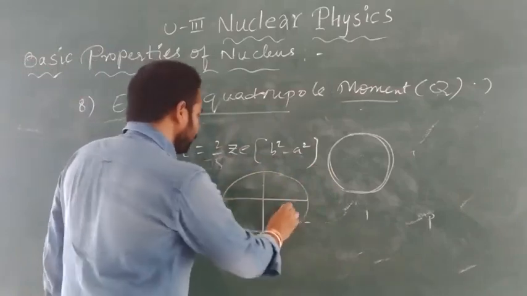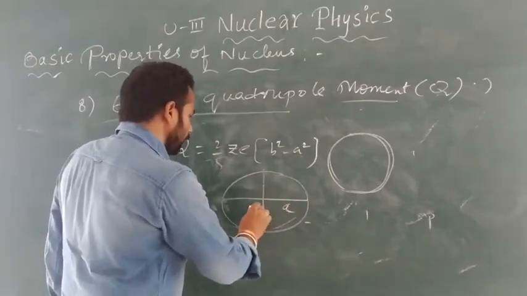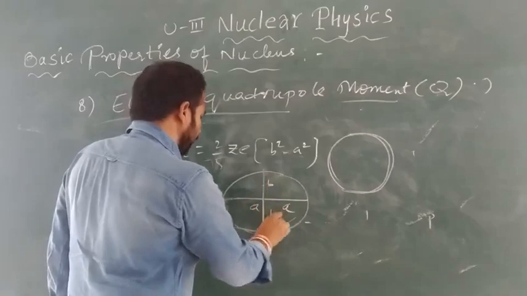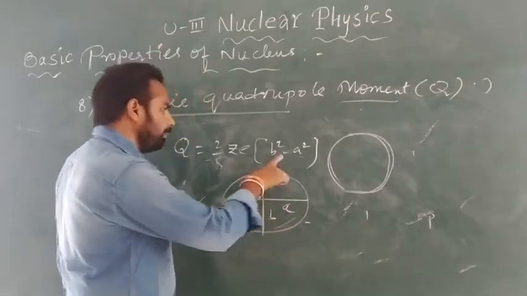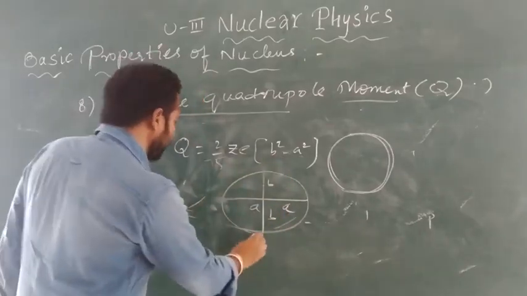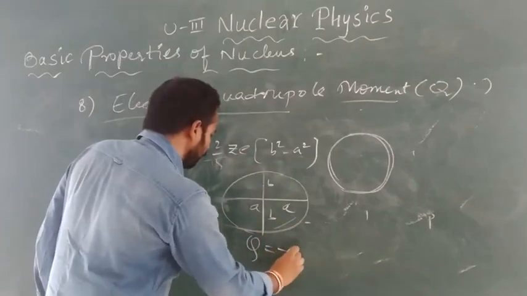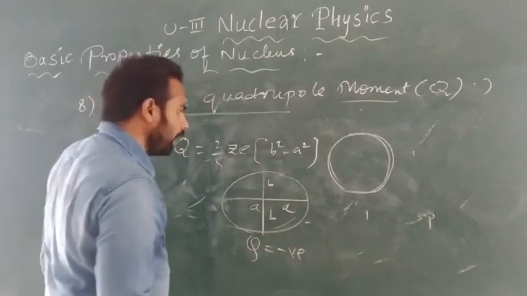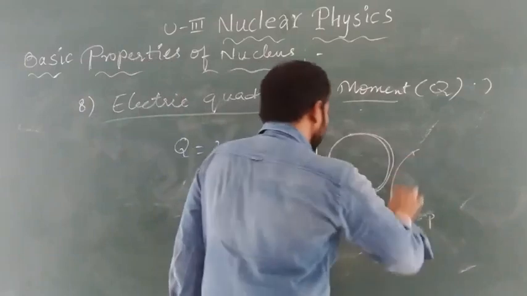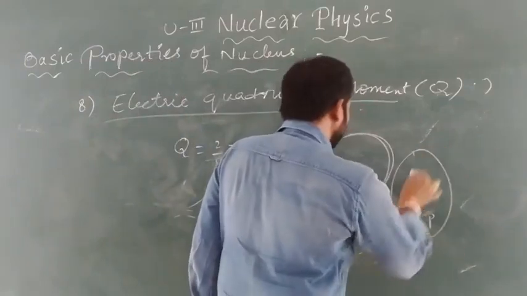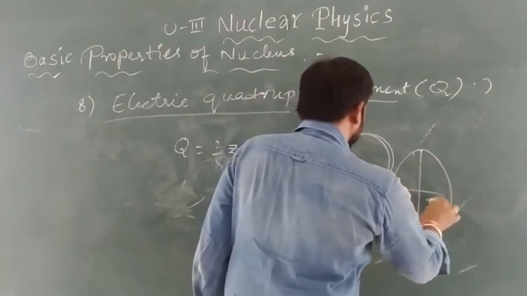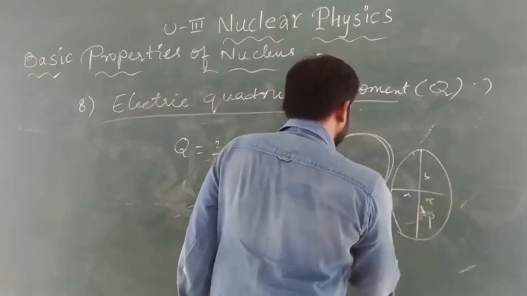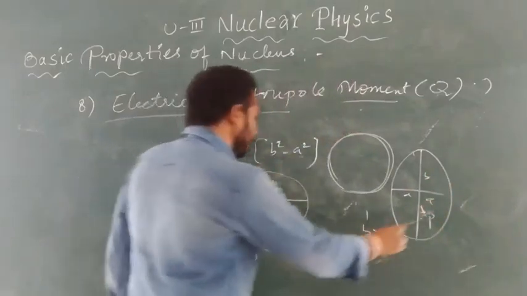This is A and this is B. If A is greater than B, then Q is a negative value. If the nucleus shape is spread like this, then B is greater than A, so Q is positive in this case.